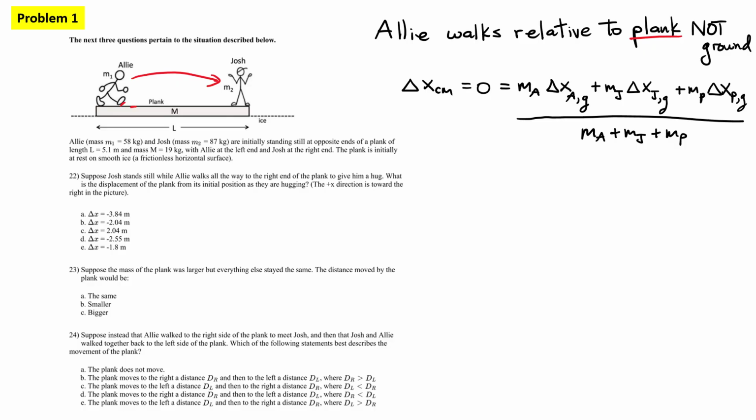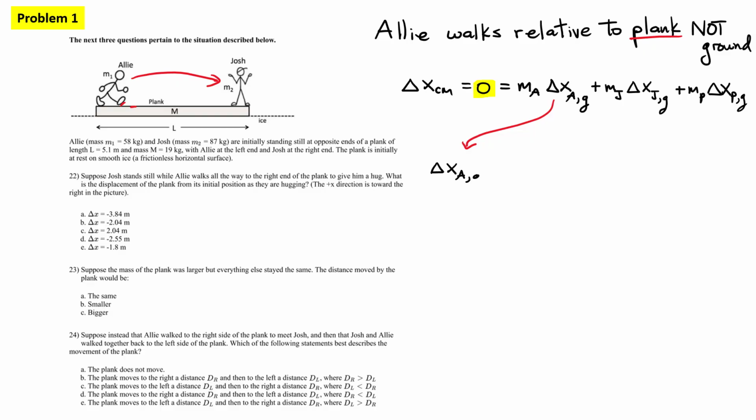Now including this denominator doesn't matter for this problem because everything here is equal to 0. Therefore you could really just avoid this whole denominator. All right, one of the things to do now is to note that she's walking relative to the plank. So what we're going to do is substitute, for example, this term right here, and I'm going to write this as the sum of 2 displacements.